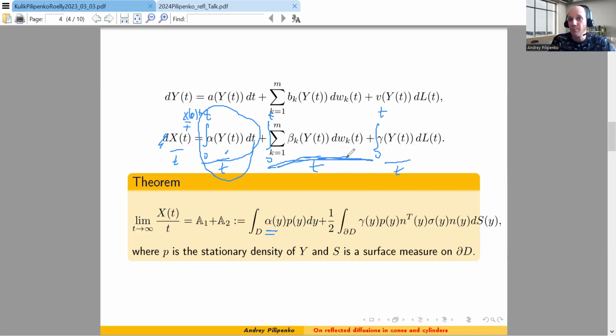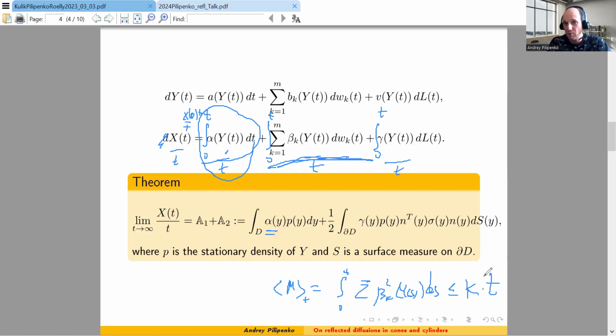This is a martingale, and its square characteristic is integral from 0 to t sum of b_k squared y of s ds, and this is less than some constant, say K times t.